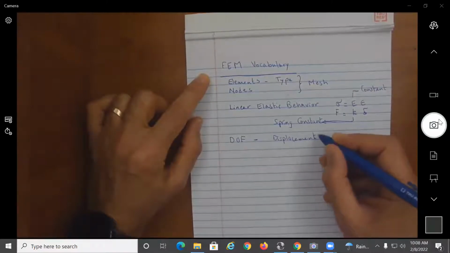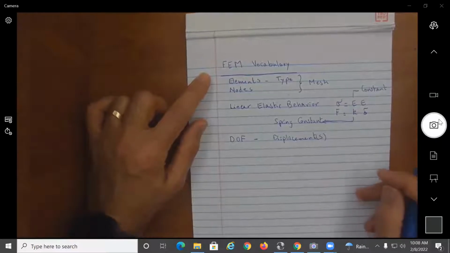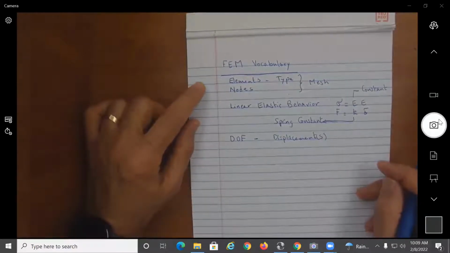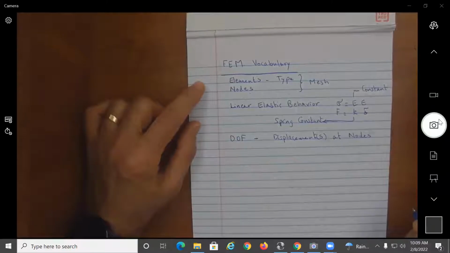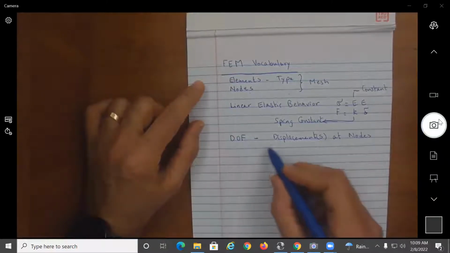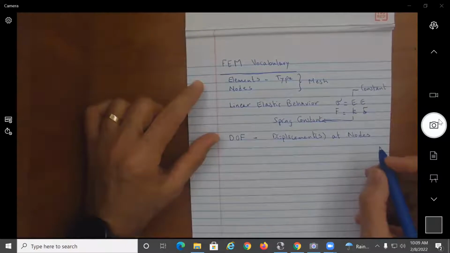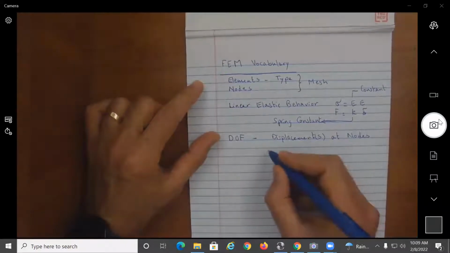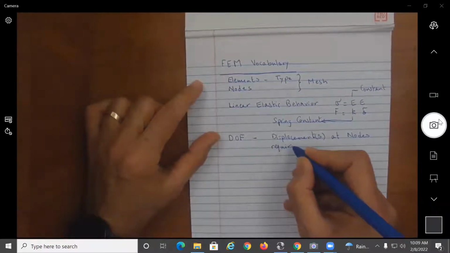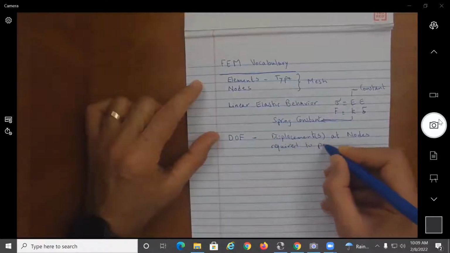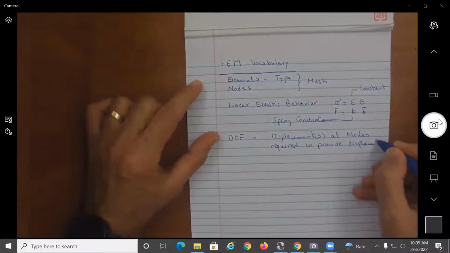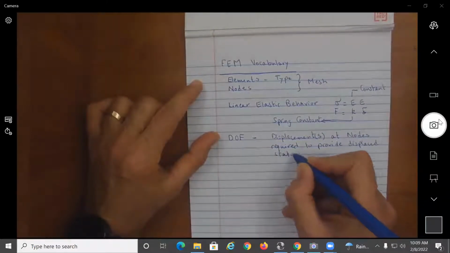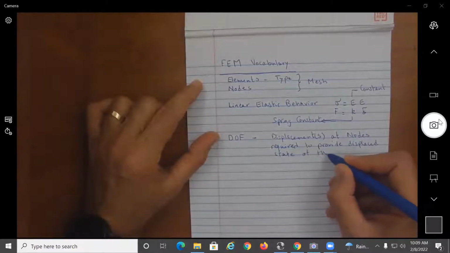And I'm going to keep S here, because these could be translational or rotational displacements at the nodes. And the total number of degrees of freedom are the displacements at the nodes that are required to provide the displaced state of the system or the structure.